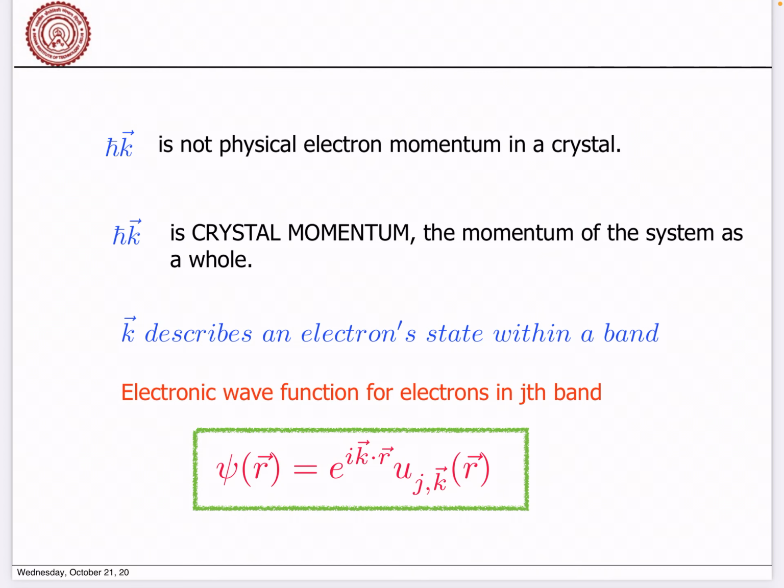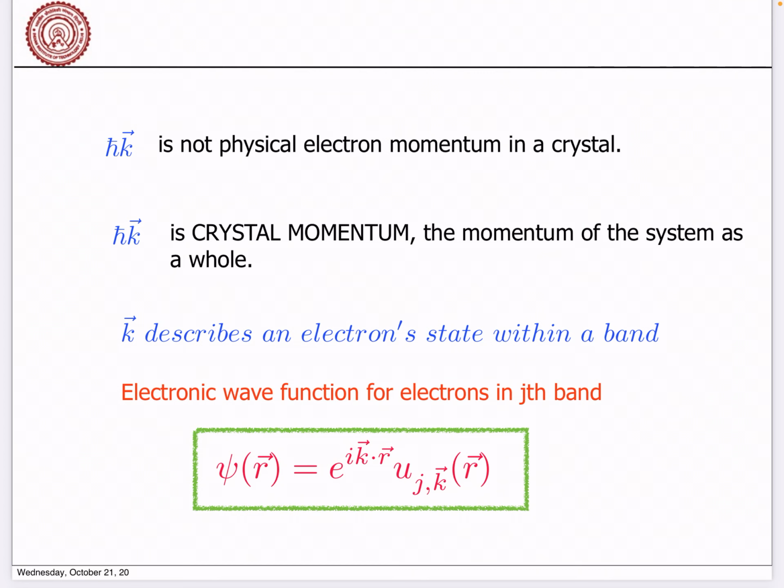The electron is now described by the band and the k. Which band? The jth band, so you write u_jk. So k is not directly the electron momentum in this case. You need to remember that.